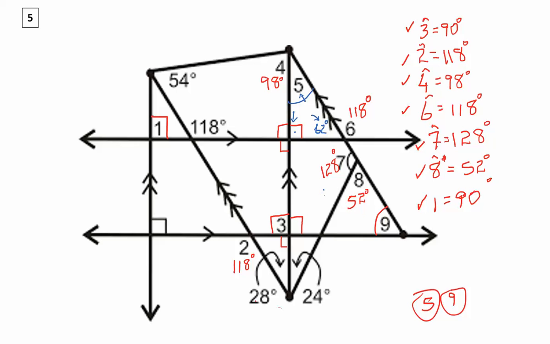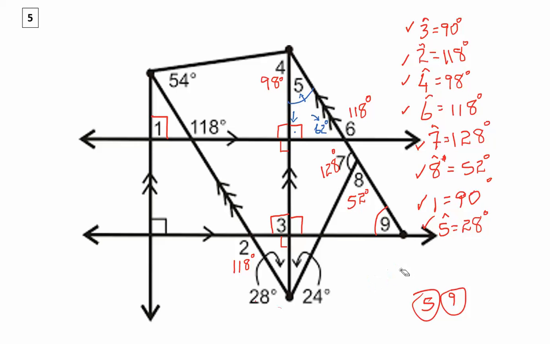So 90 and 62 is 152 degrees, and I therefore need to add 28 degrees. So therefore angle 5 will equal 28 degrees. Checked. Got it off.